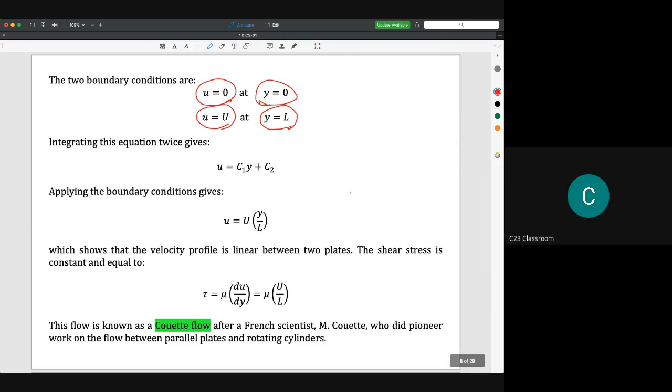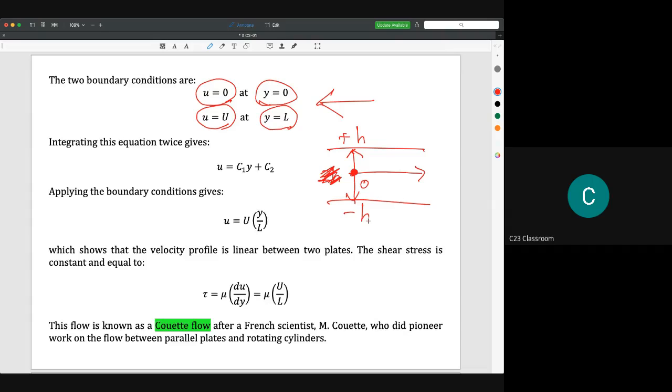Please do not memorize this boundary condition, because it actually depends on the situation. Maybe in a certain textbook they will give you 2h or 2x and so on, because the velocity at the center point here is the maximum one, so they prefer to have 2h. Some textbooks will give you the coordinate for the center location equal to 0, and you will have the positive h here and also the negative h here.